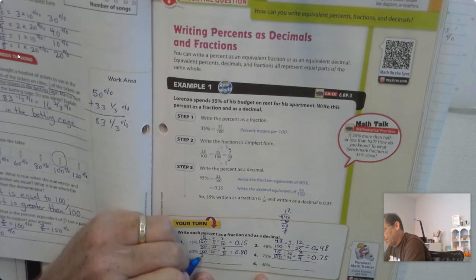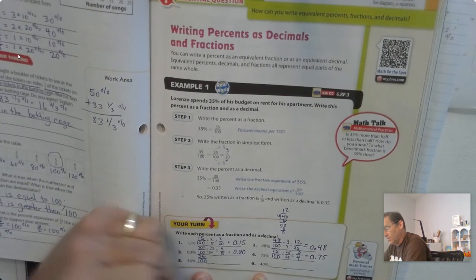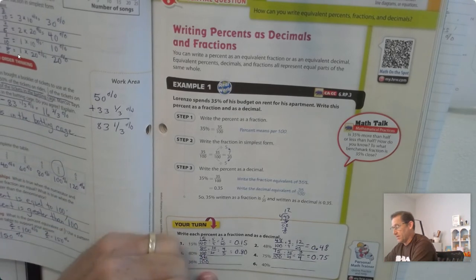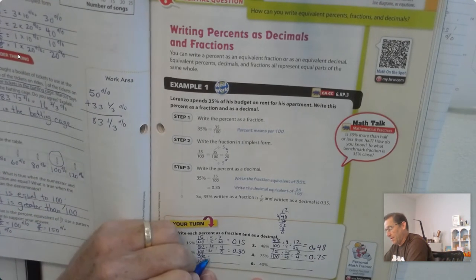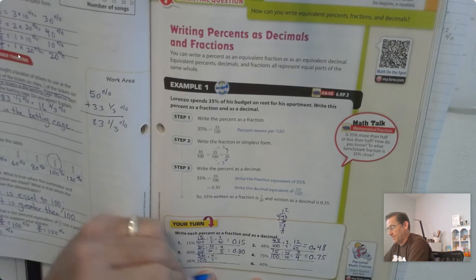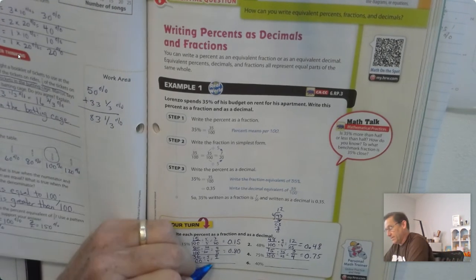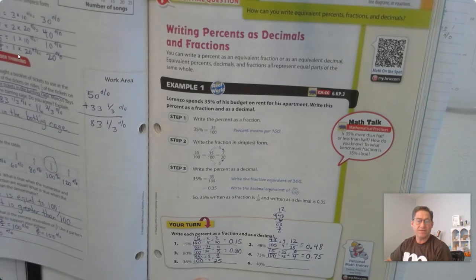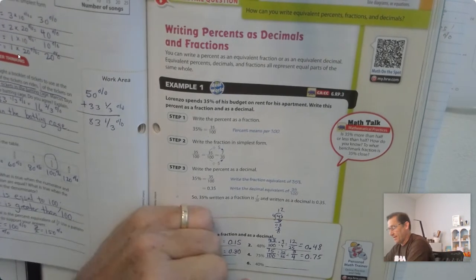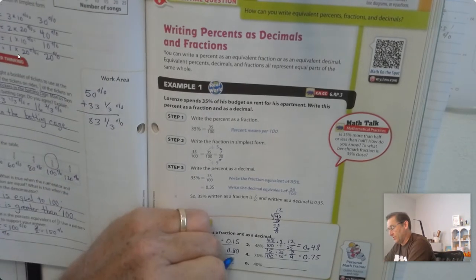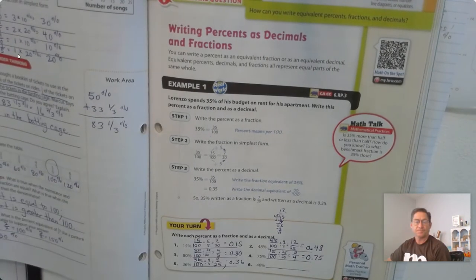36%. 36 over 100. Remember, percent means per 100. 36 hundredths. I'm going to divide that by 4. 36 divided by 4 is 9, and 100 divided by 4 is 25. So 9/25ths. And 36 hundredths as a decimal is simply 0.36.